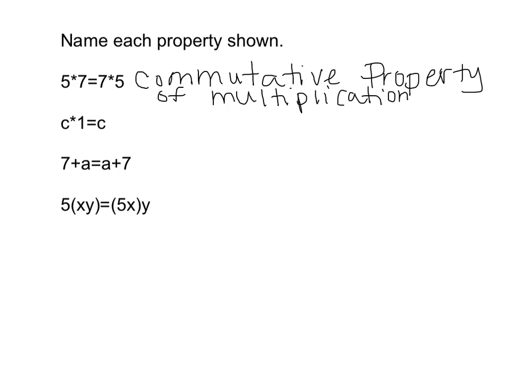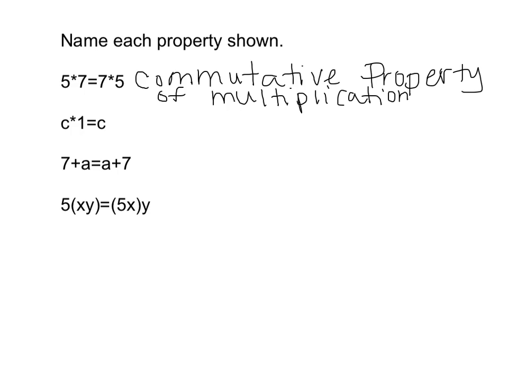I can hear all of you asking me already, do we have to write of multiplication? Yes, you do, because the commutative property of multiplication is different than the commutative property of addition. So you do need to write of multiplication.